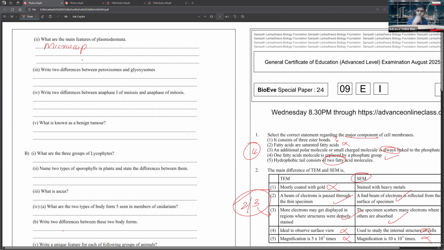Glycosomes are present only in plants. Peroxisomes contain enzymes to break down hydrogen peroxide. Glycosomes have enzymes to convert fatty acids into sugars. So you write like that, okay?